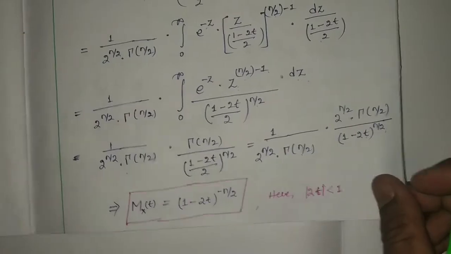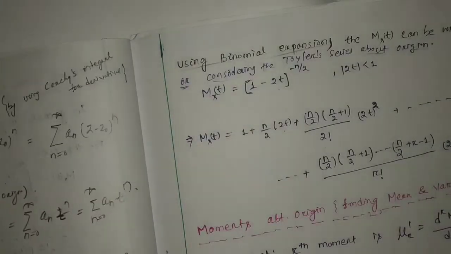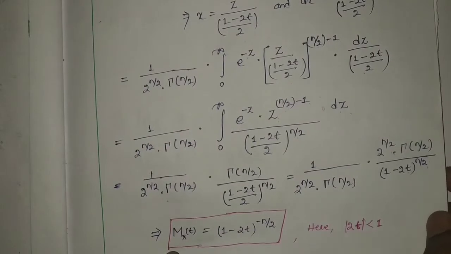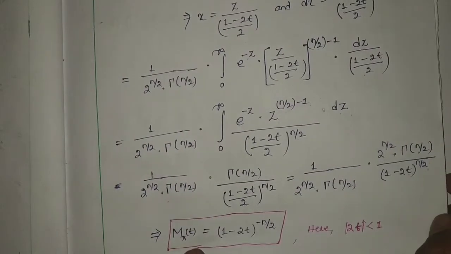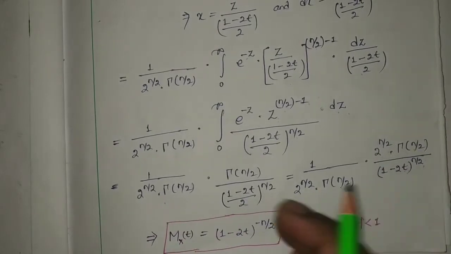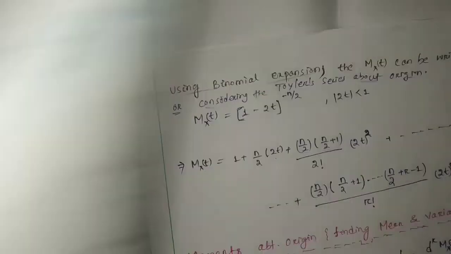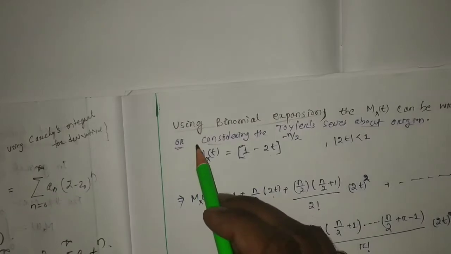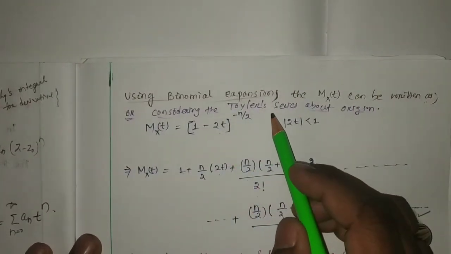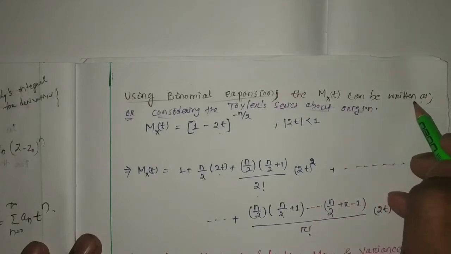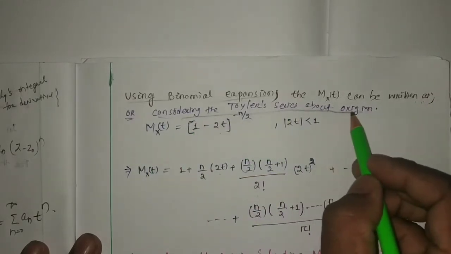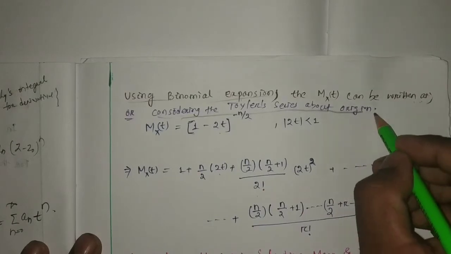Okay, so now we have to use either Taylor series or negative binomial expansion to write these things in the expansion format. Either you consider the binomial expansion, mxt can be written as, or consider the Taylor series about the origin.